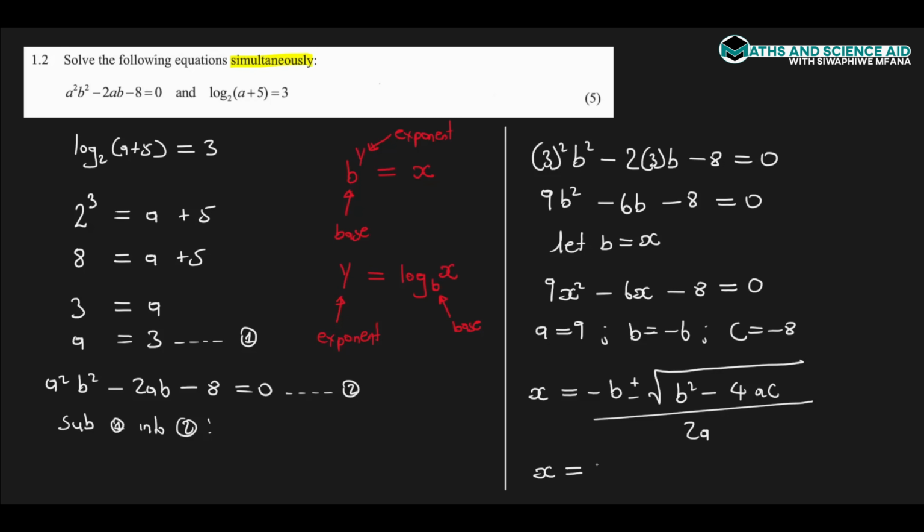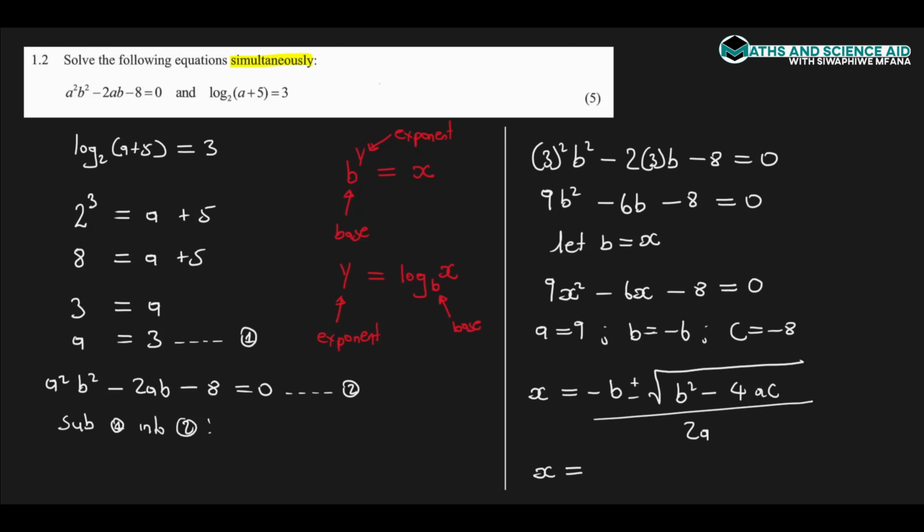So you are obviously going to have two x values, and then after that you can conclude that each x value is equal to b. So that is how you can do 1.2. I will just leave it here for you to complete it.